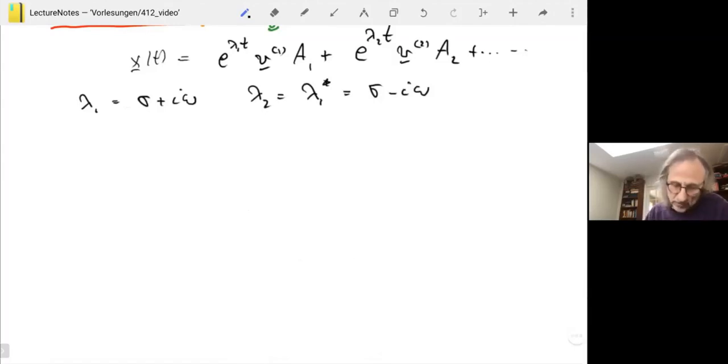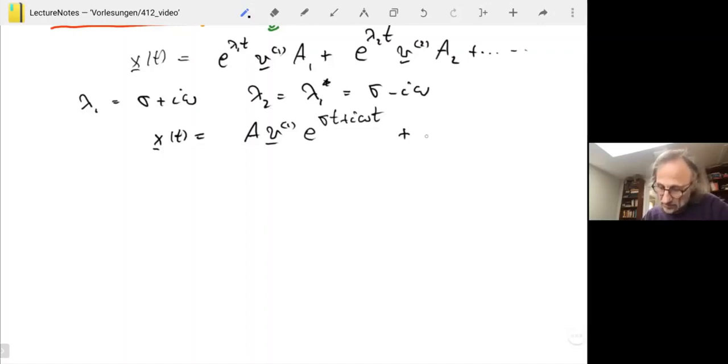And so the corresponding solution would be given by x of t equals some amplitude times V1, the eigenvector associated with lambda 1, times e to the sigma t plus i omega t, plus, and now we know that the eigenvector associated with lambda 2 is actually the complex conjugate of V1.